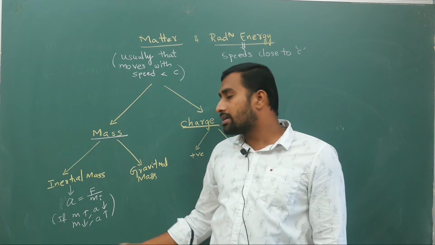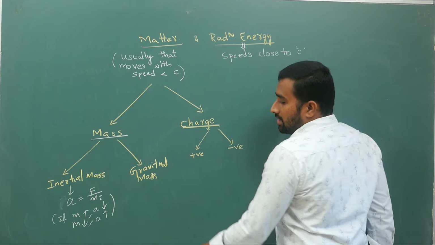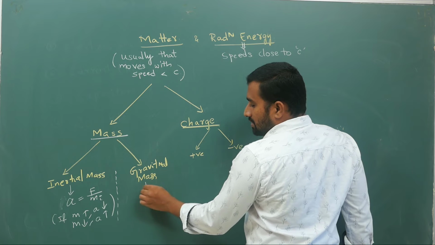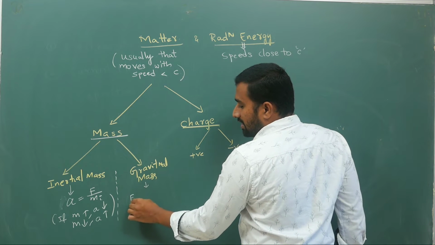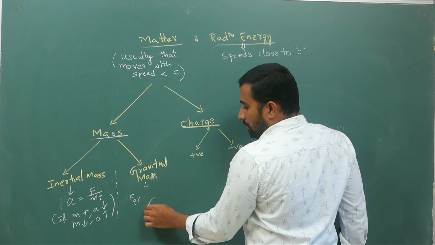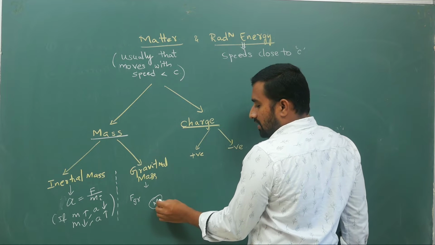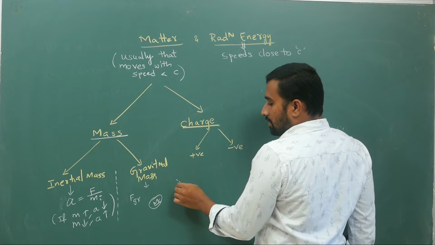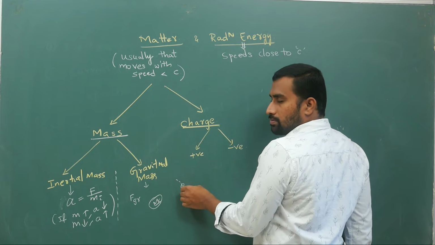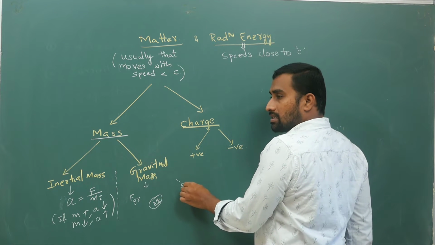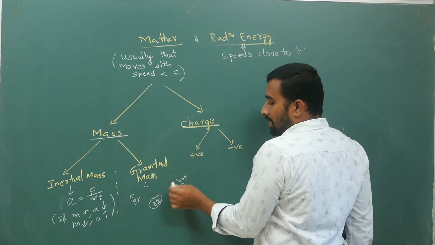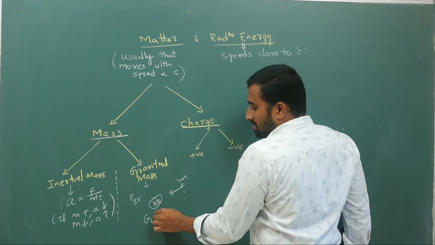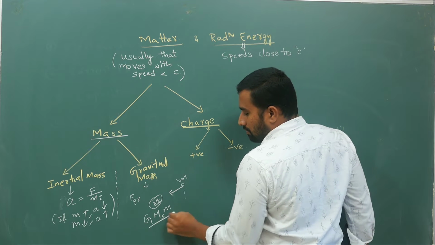This is one kind of mass, and there is one more kind of mass, that is gravitational mass. Now when you are writing gravitational force for a body, for example, some star or planet is there, and around it there is some satellite or planet moving. If it is a star, this is a planet; if this is a planet, this is a satellite. So if its mass is small m, and you consider the force on it, your gravitational force is G times M into m by r square.